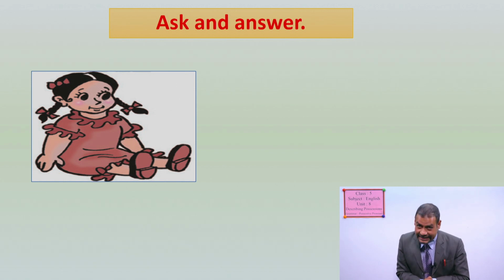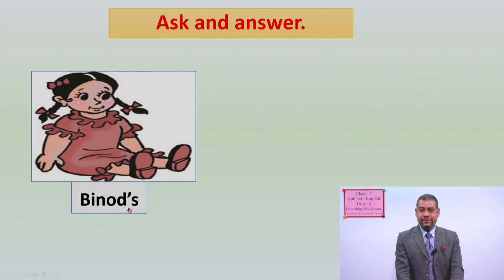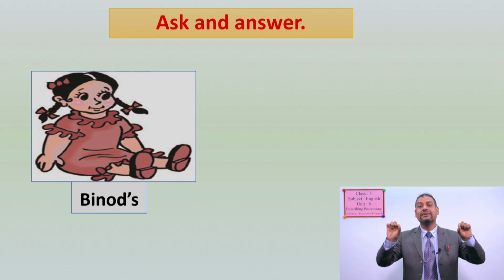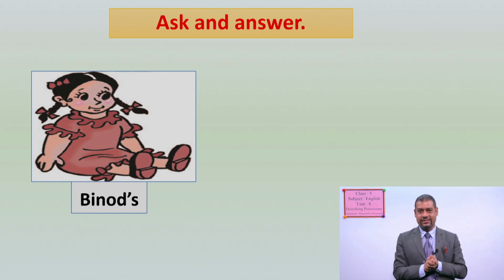Yes, that is a doll. And the name is Binod's, you know, B-I-N-O-D apostrophe S, Binod's. Now, looking at these two things, the doll and the name Binod's, you have to make a similar question. So, what's the question? Please write it.